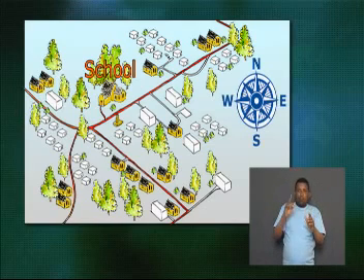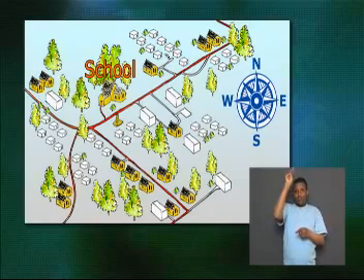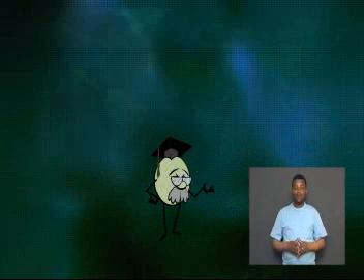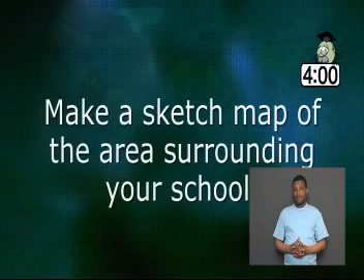And remember to mark which direction is north. Are you ready to begin sketching your maps, students? Then please go ahead, and I will be back after a few minutes. Students, let's get ready. Begin.